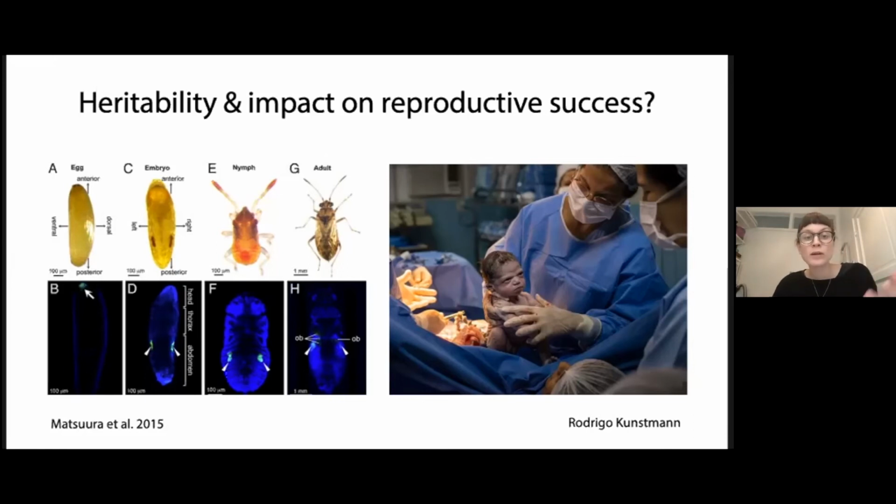But then, of course, we have much messier situations, such as the gut microbiome of humans, where there definitely is some heritability, but how strong is it? How much of the microbiome is actually inherited, and how much is later added from the environment?